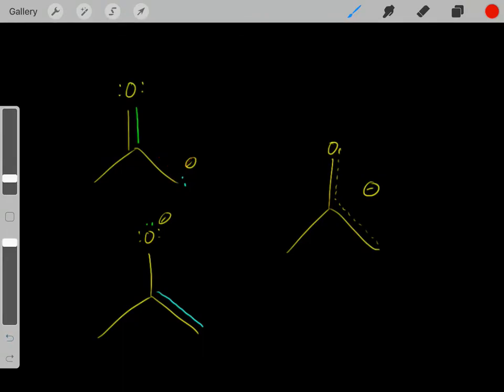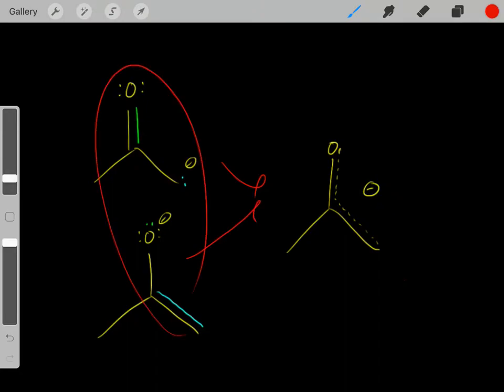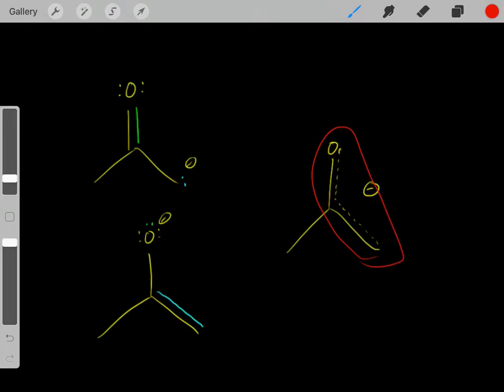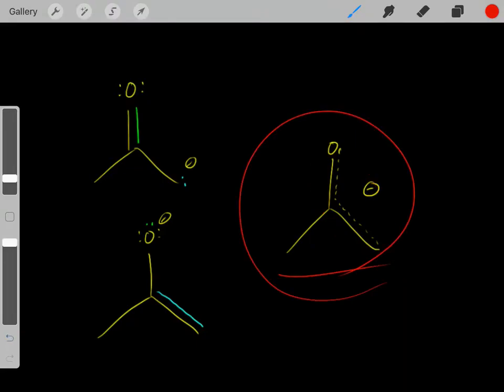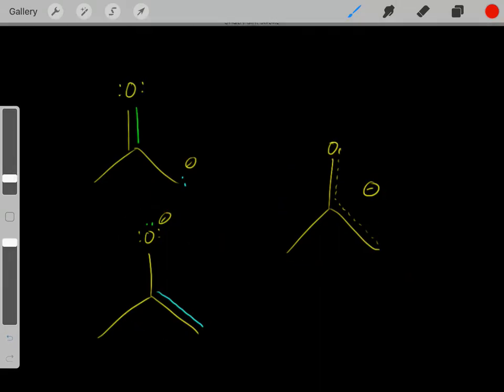And again, something important to note is that in reality, we're not going to have this compound or this compound. Really, it's going to form a hybrid structure between these two compounds that looks like this, with that negative charge delocalized. However, this actual structure more closely resembles this compound rather than this compound. Why?